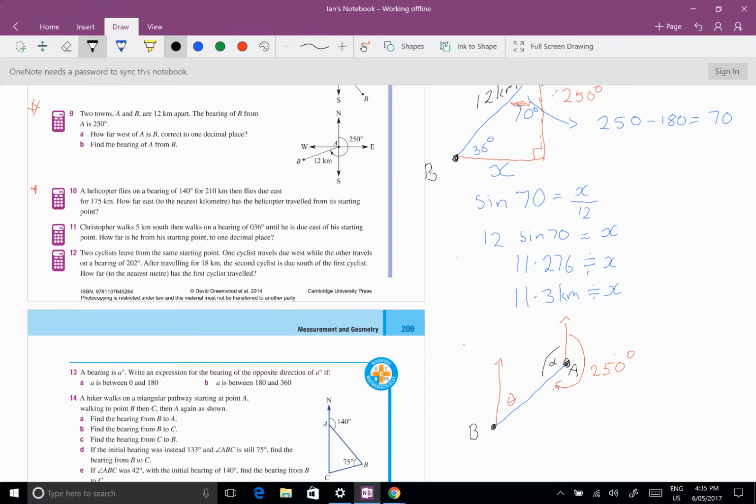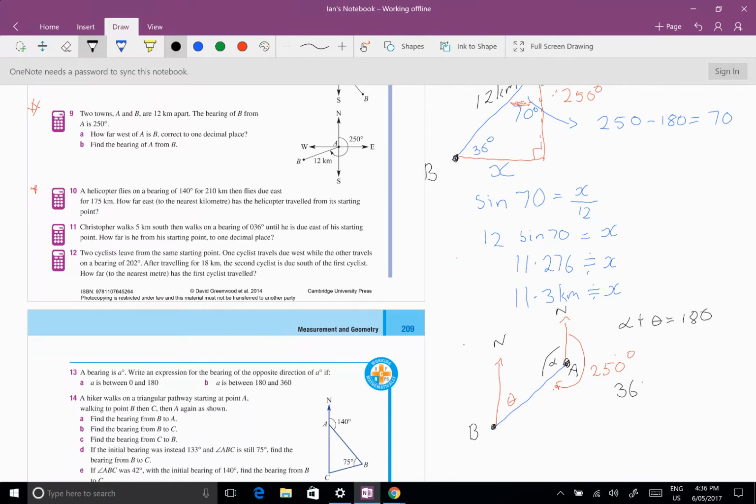And I know that because both of these are north, they're parallel, so alpha plus theta must equal 180. Well, if I look at the point A, I've already got 250. If I was to keep going, I'd get 360, angles at a point.